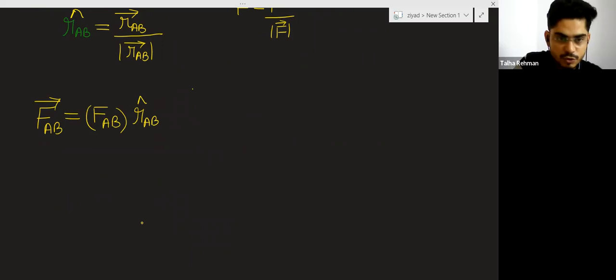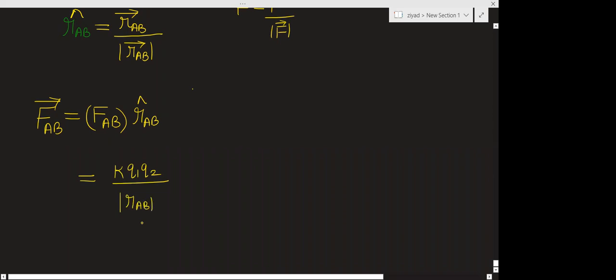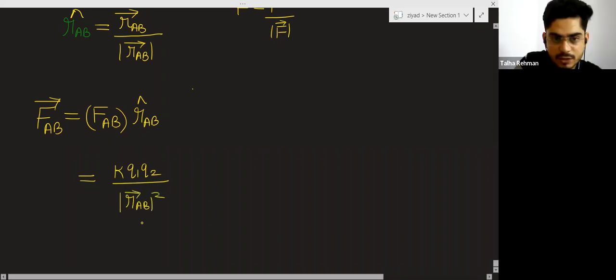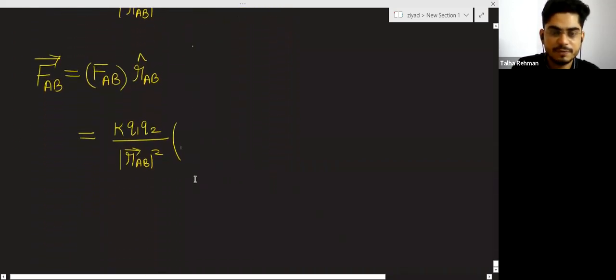Okay, fine. So now I am writing the value of F_AB. F_AB is k Q1 Q2 divided by r_AB square, and the unit vector is written like this, r_AB vector divided by the magnitude of r_AB.